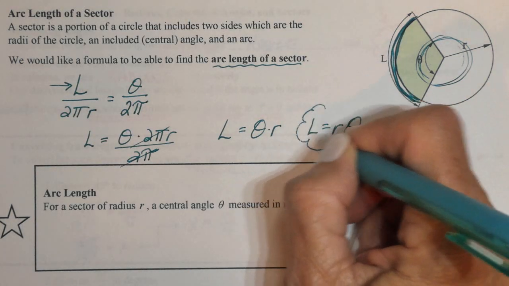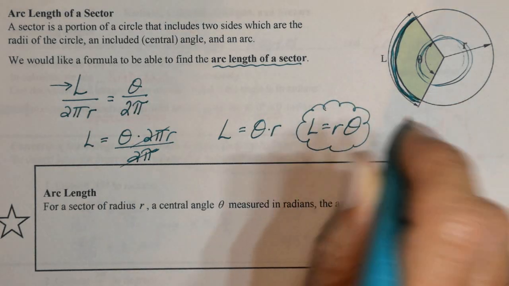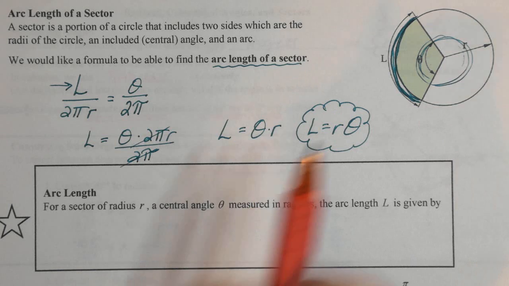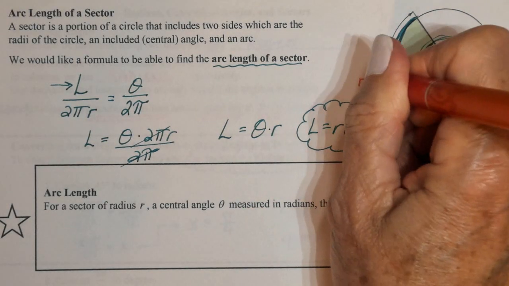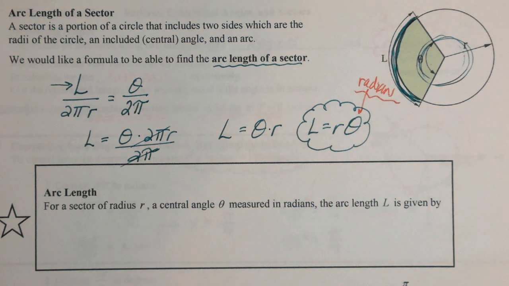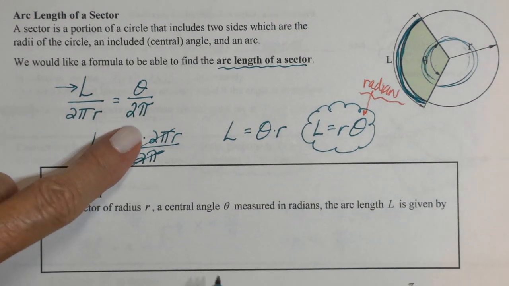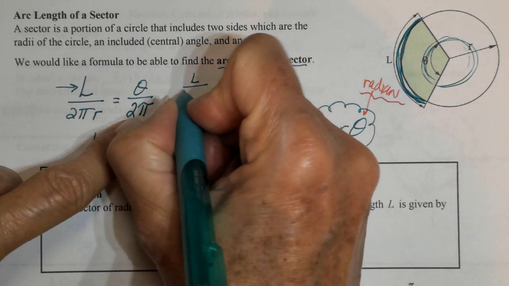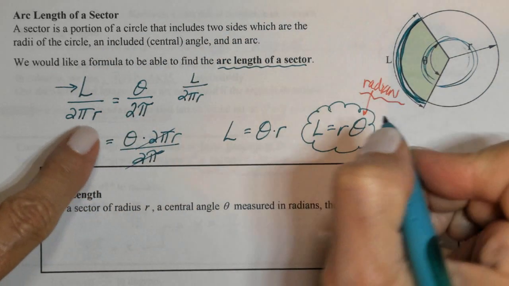So this is how I remember it. However, this formula only works if theta is in radians. What would happen if, instead of 2 pi, we wrote that as 360 degrees? The circumference is still 2 pi r.